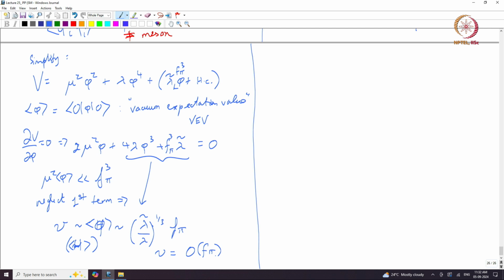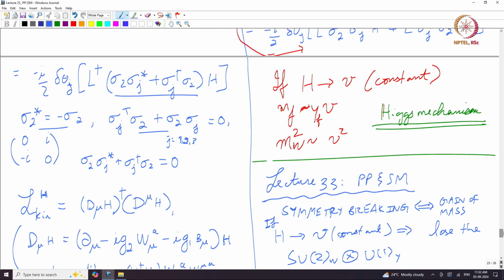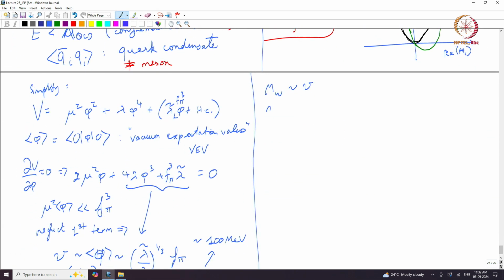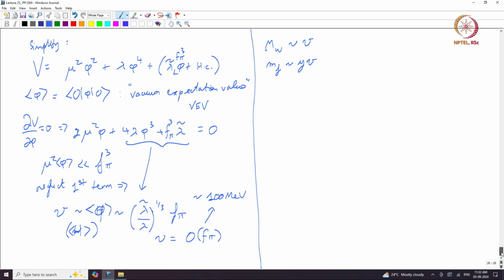So is this our world? Of course not, right. Why? F pi is around 100 MeV, whereas we just saw that the gauge bosons have masses of order V, we just saw that at the end of the previous lecture, when we replace H with V, and the fermion masses are some Yukawa couplings times V. Nevertheless, we have fermions that are more than 100 GeV, the top quark is 173 GeV.